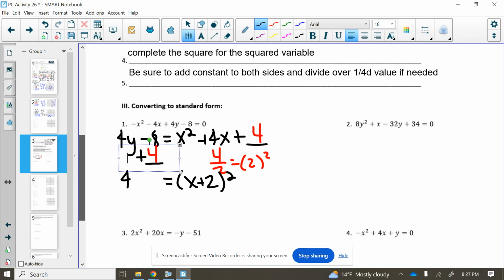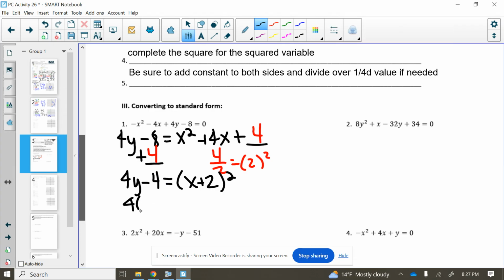On this left-hand side, then, we have negative 8 plus 4, which is negative 4. And then what we're going to notice over here is we can divide out this 4 so that we just have our y by itself. And then to finally put that 1 over 4d value in front of our square term, we would have y minus 1 and then 1/4 out front here.